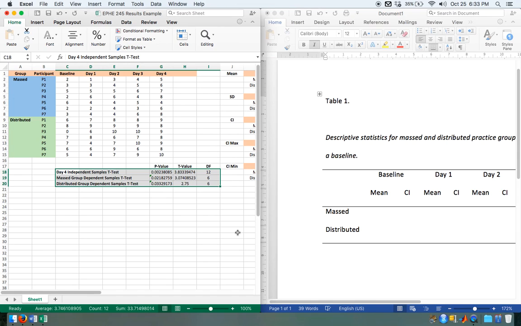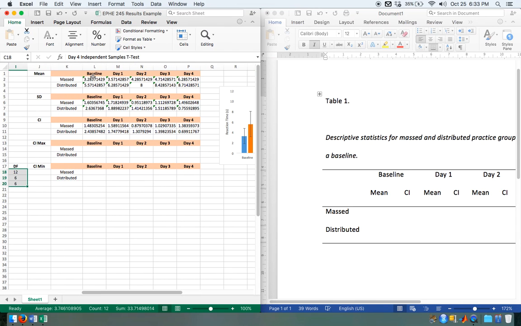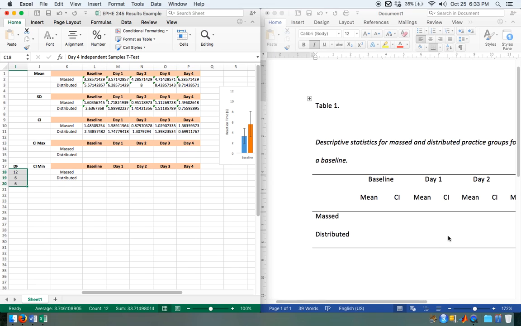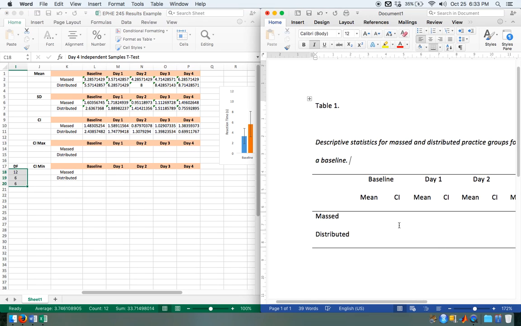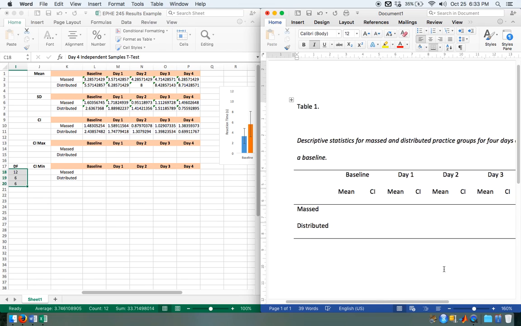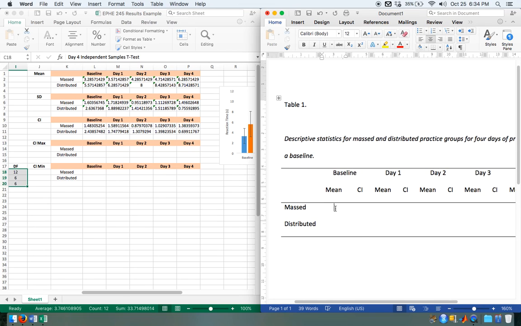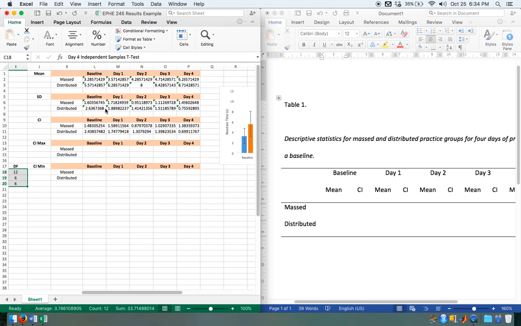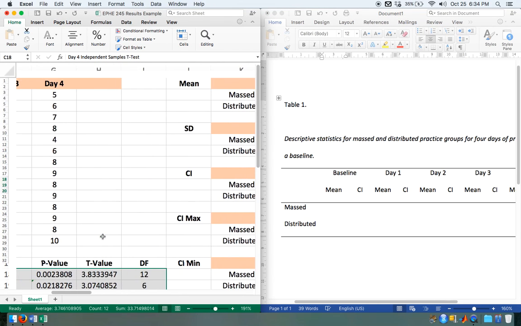So what I have over here is our means, and over here is our table. We do have confidence intervals, but we're going to do the max and min of those, and I'll tell you what that means in a bit. So let's look at the baseline, for example. So the mean of the baseline for the mass group was 3.285. Let me see if I can zoom in there.